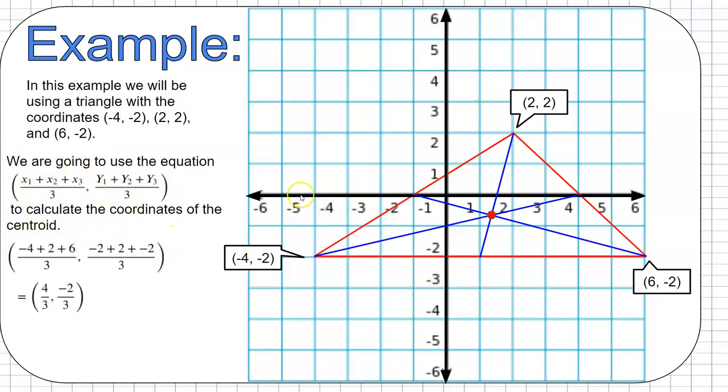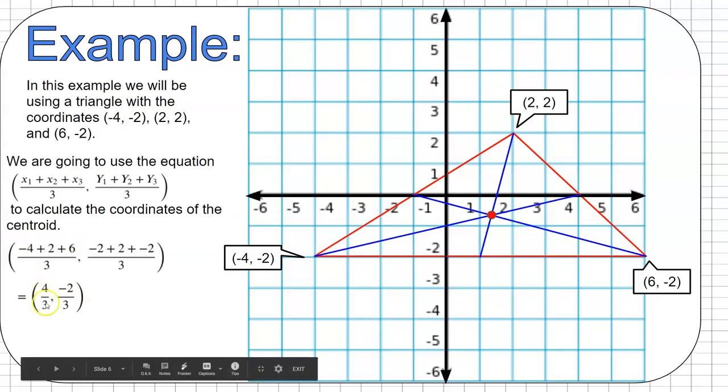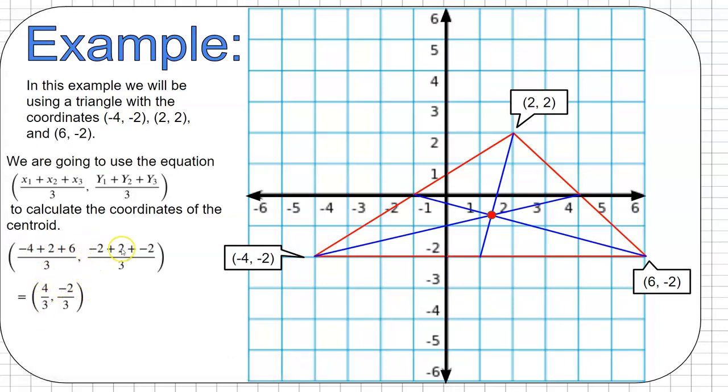When we put in these values, x1, -4, x2, 2, and x3, 6, divided by 3, and then we put in the y values, -2 plus 2 plus -2 divided by 3. -4 plus 2 is -2, plus 6 is 4, so we will have 4 over 3. And then -2 plus 2 is 0, plus -2 is -2 over 3.